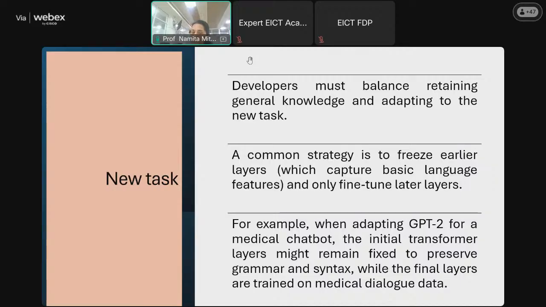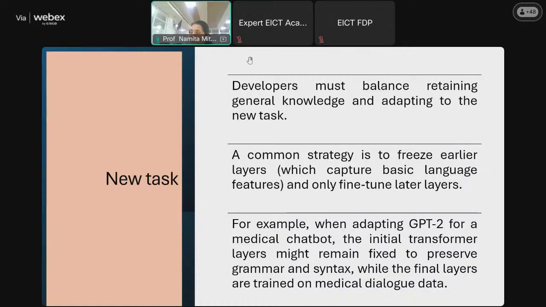So let's take an example. When adapting GPT-2, a version of GPT, for a medical chatbot, the initial transformer layers might remain fixed to preserve grammar and syntax. That is what I was telling you, because it depends on the language. Grammar and syntax are preserved by the transformer layers, while the final layers are trained on medical dialogue data, so kind of question answering.